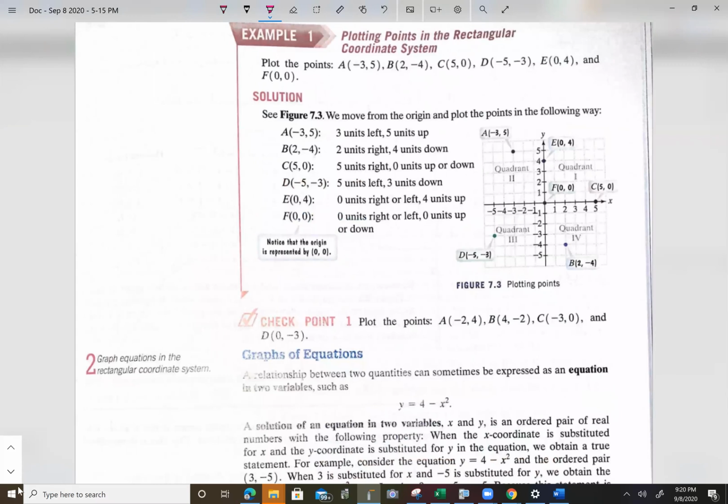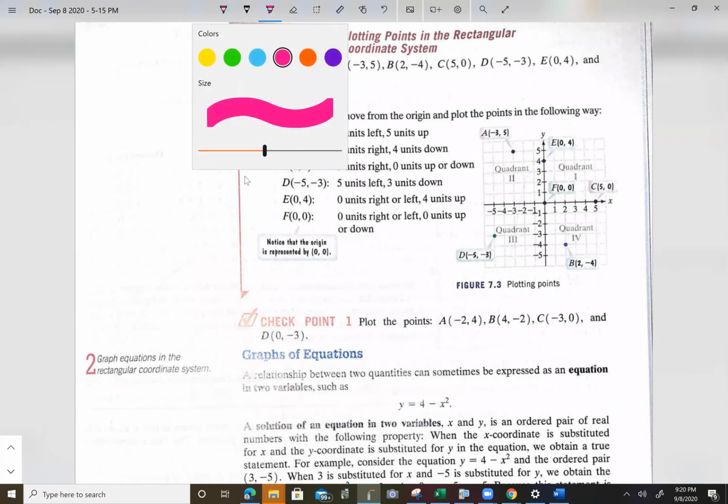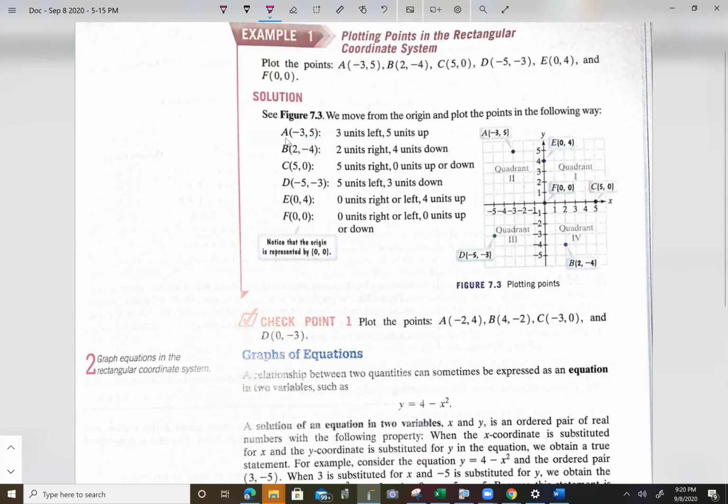So the example is just like, hey, plot these points. Go through it. I'm not going to spend too much time on it. Let's just do one together. That's cool. So we have A, our X, Y. The X value always comes first in a coordinate point, the Y second, and I always remember it's in alphabetical order.